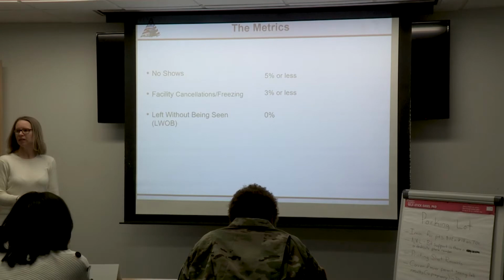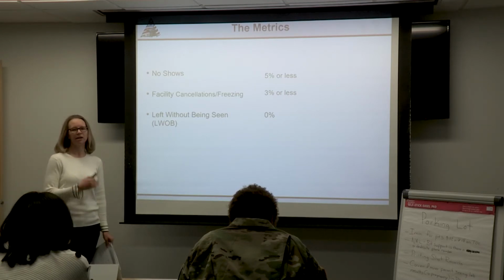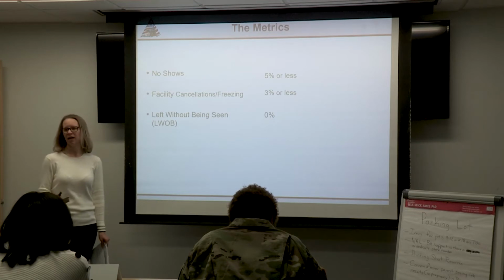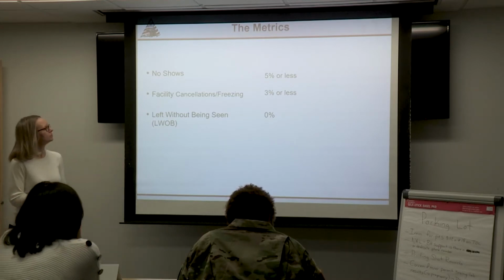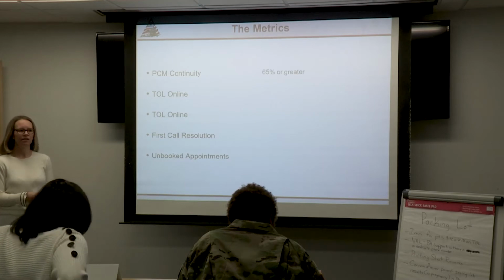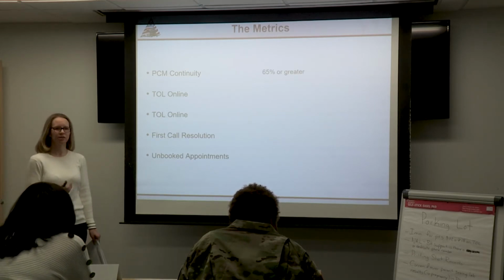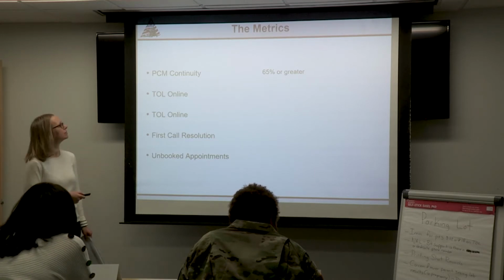That's the goal. If you do have a patient that left without being seen, meaning they come, check in, and leave before their appointment is complete, you're supposed to contact that patient and check on them and make sure they're okay. Or someone in the clinic is supposed to call them. PCM continuity, the goal is 65% of the time that we're booking patients with their PCM.